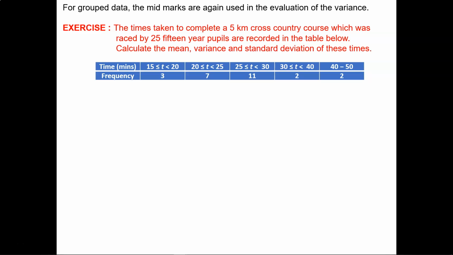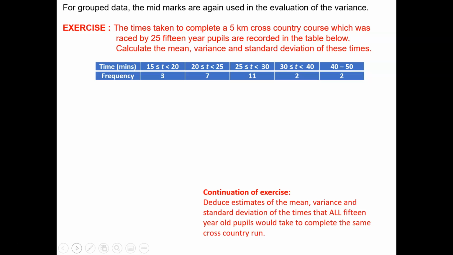When you've done that, start the video again. And use the values that you've just calculated to deduce estimates of the mean, variance and standard deviation of the times that all 15-year-old pupils would take to complete the same cross-country run.